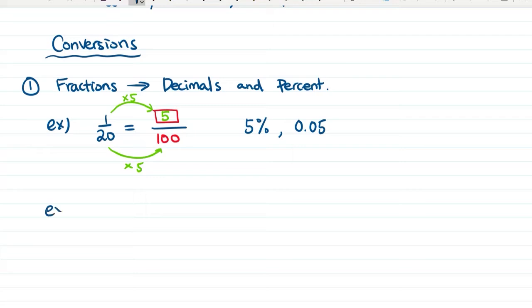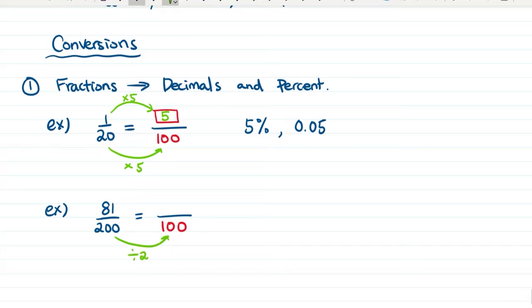Let's do another one. What if you have 81/200? Okay, so 200 is bigger than 100, so you could either make the denominator 1,000 by multiplying by 5, or you could change the denominator to 100 by dividing by 2.